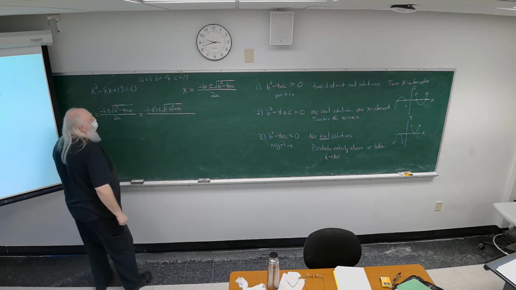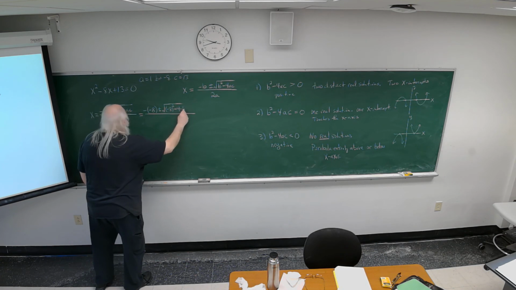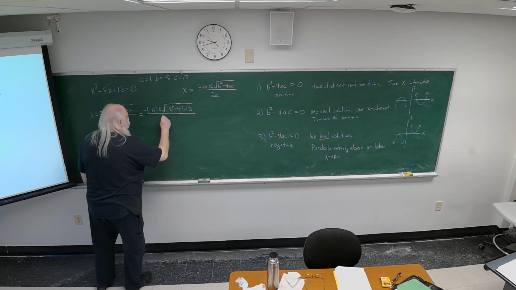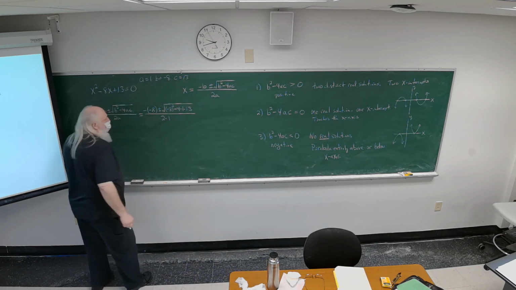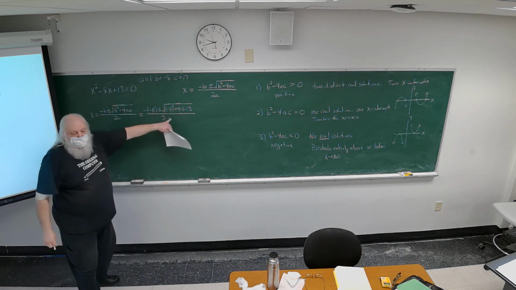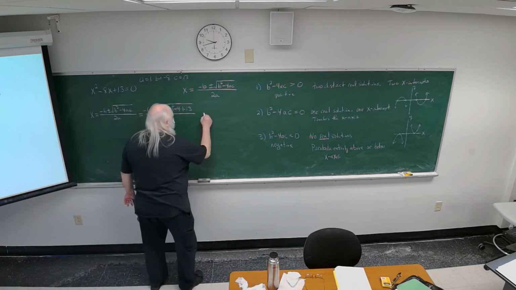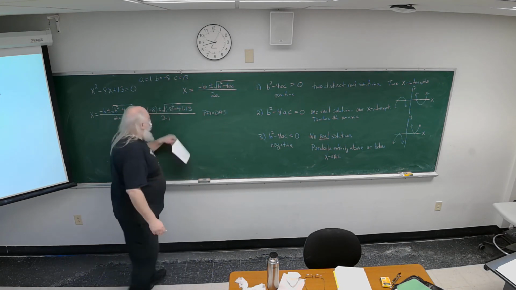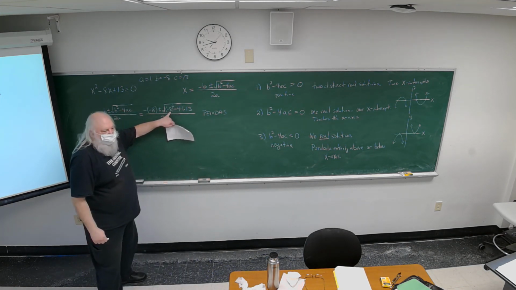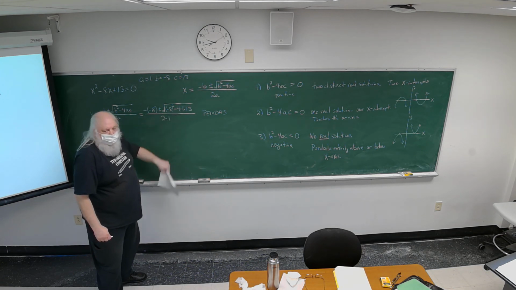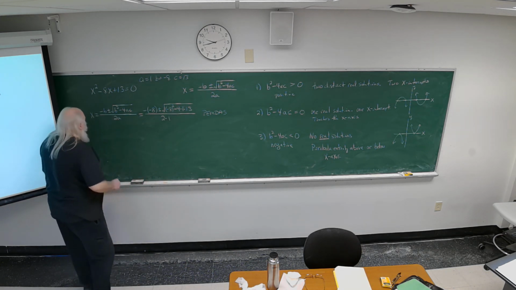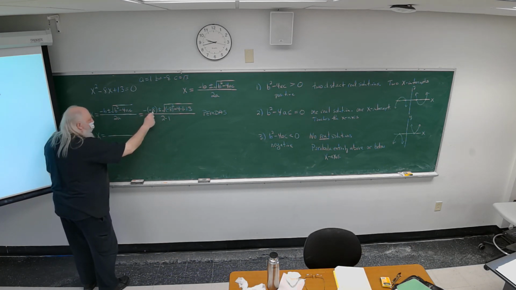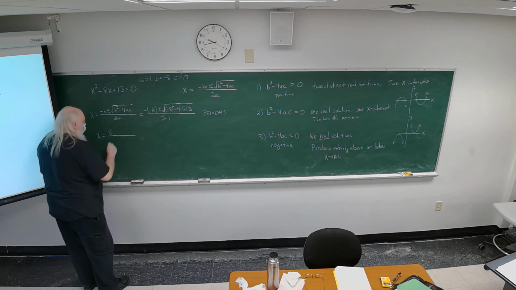We have minus 4 times a, which is 1, times c, which is 13, all divided by 2 times a, which is 2 times 1. Now under the radical, you have to follow the order of operations: exponentiation, then multiplication, then the subtraction. So x is equal to the negative of negative 8, which is plus 8.